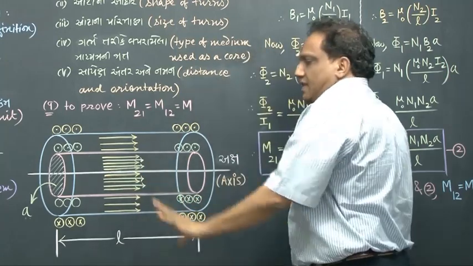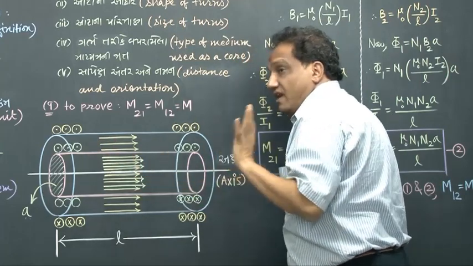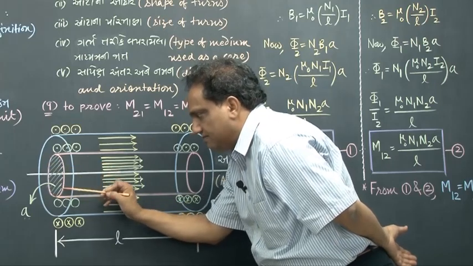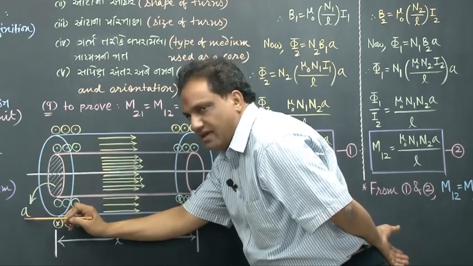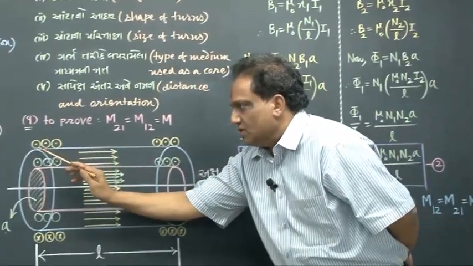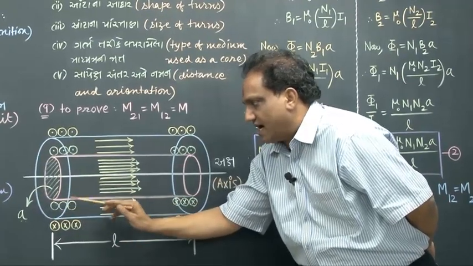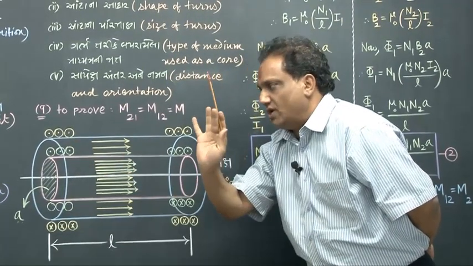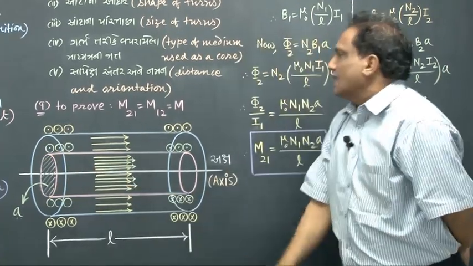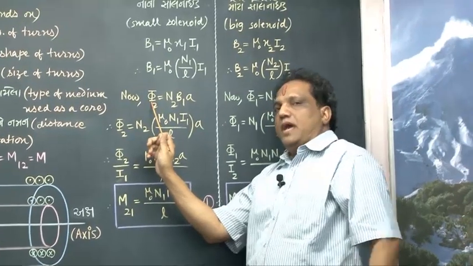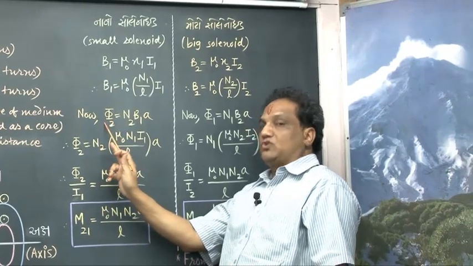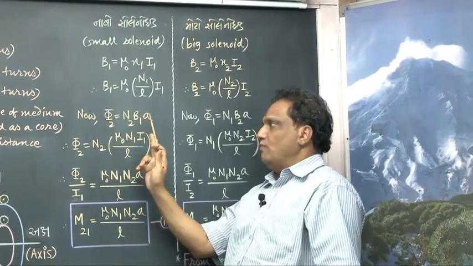Those green colored magnetic field lines pass through only this much part which has area A. Now, out of the complete cross section of the second solenoid, that is the big solenoid, only this much part has magnetic flux. Let it be phi 2. And the magnetic flux linked with the second solenoid is, by formula, phi 2 equals N2 B1 A.